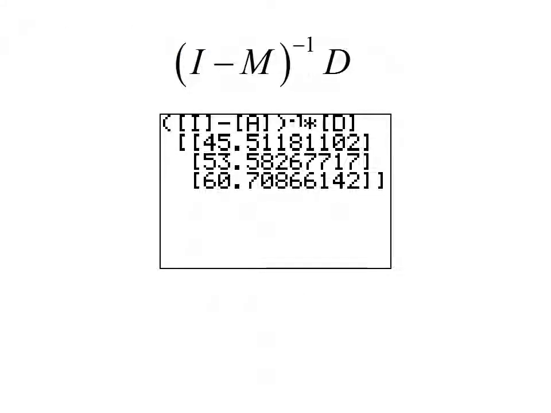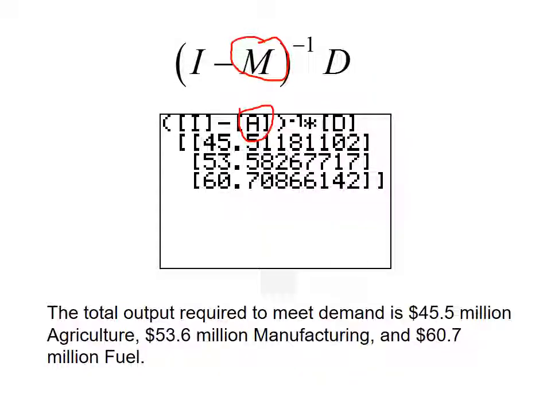Then we simply type the formula like we see on the formula sheet, except of course, instead of M, we need A. And the numbers that we get are in the same order: agriculture, manufacturing, and fuel.